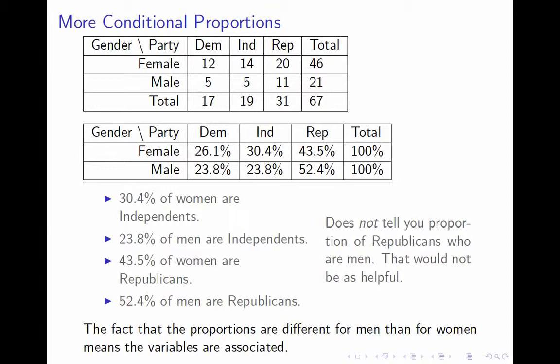Right? That immediately tells you that women are more likely to be independent, less likely to be Republican. It tells you, in the best possible terms, what the relationship between the two variables is, and in fact, that in this case, the variables are associated. Knowing somebody's gender gives you some information, not complete, but some information about their political affiliation.